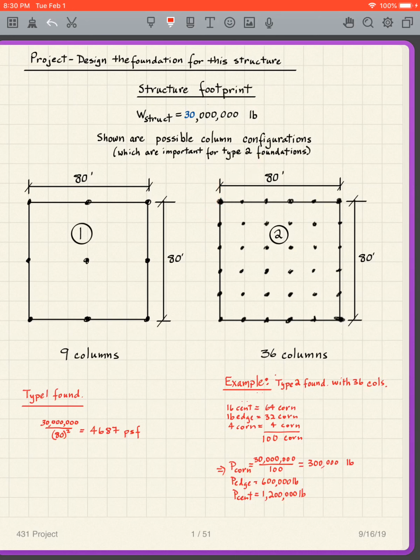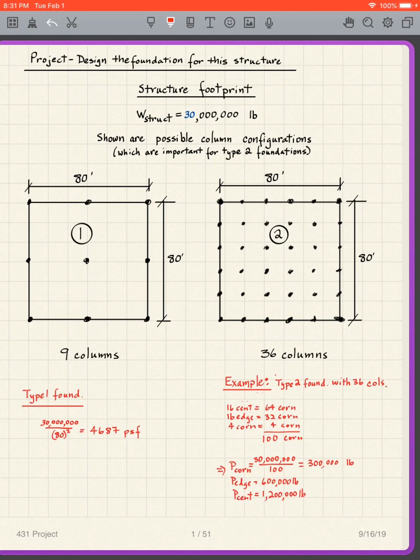Now, I'm not going to go through all the calculations, but that means that a center column is 16 by 16, which is 4 times that of a corner. So a center column takes 4 times the load of a corner column.